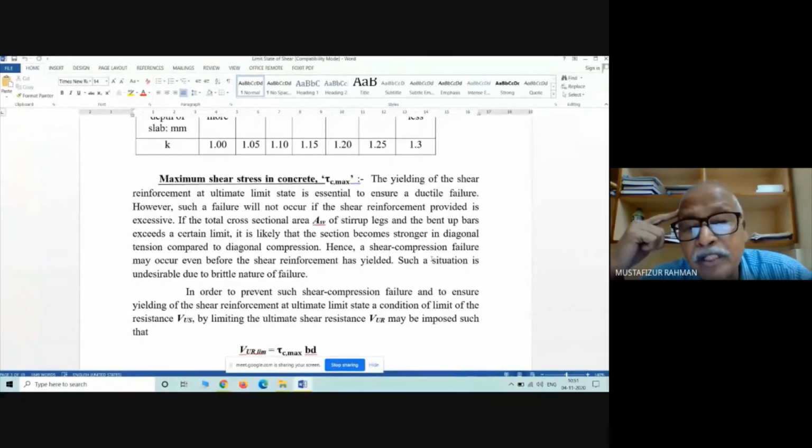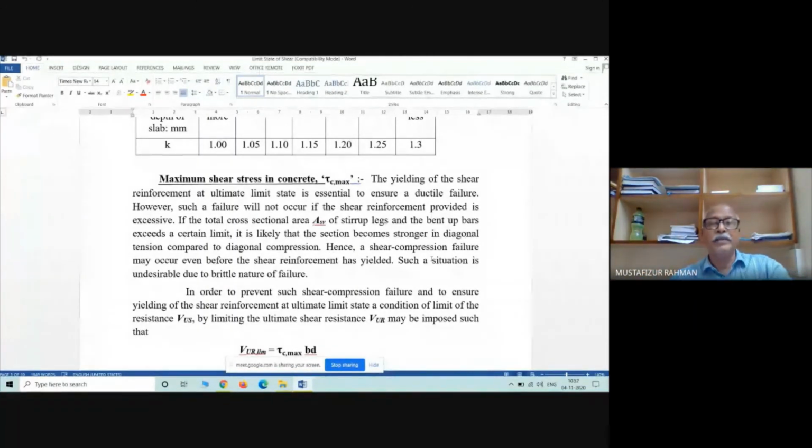If the total cross-sectional area Asb, the area of shear reinforcement of stirrup legs and bent-up bars, exceeds a certain limit, it is likely the section becomes strong in diagonal tension compared to diagonal compression. Hence, shear compression failure may occur even before the shear reinforcement has yielded. Such a situation is undesirable.